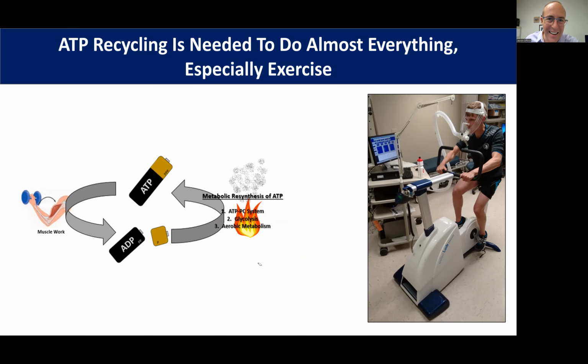They produce metabolites like acid and phosphate that impair muscle contraction and make you fatigue. So by far, your aerobic processes are preferred. Yes, they cause a little bit of pollution, but not nearly as much muscle pollution, or fatigue, as the anaerobic pathways.